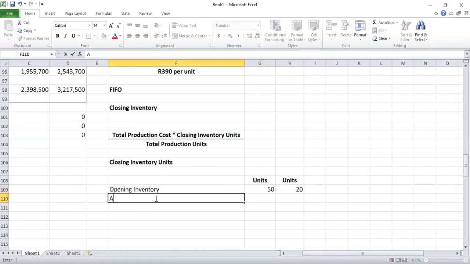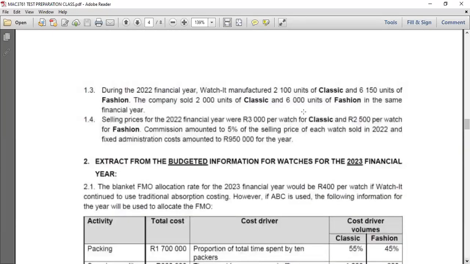Right. Add production. The production were also given: 106, 150.